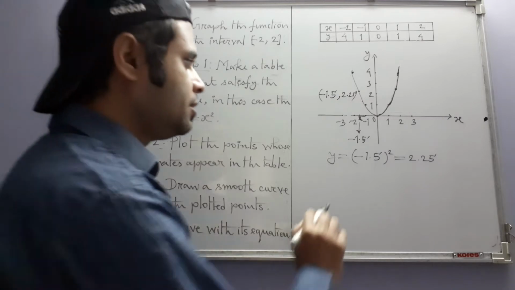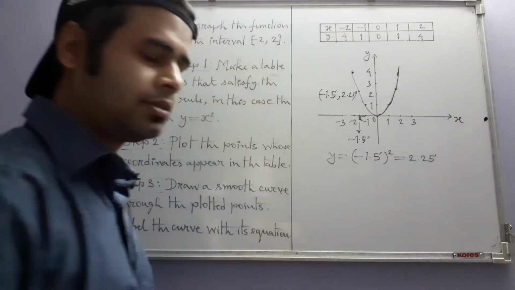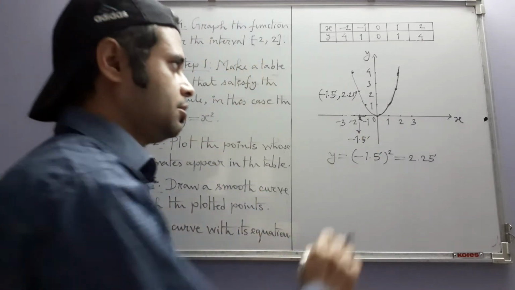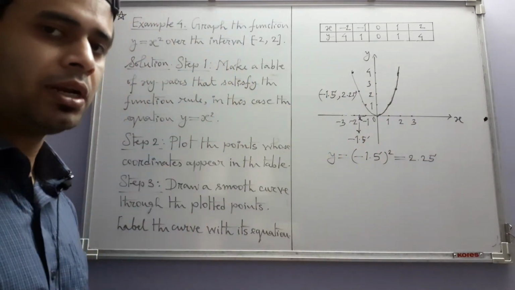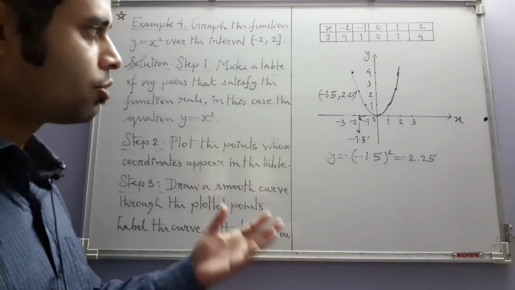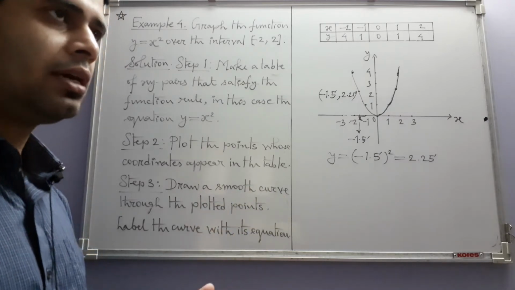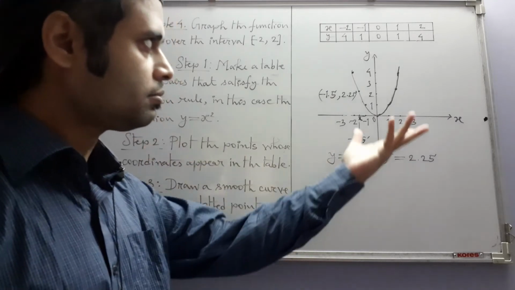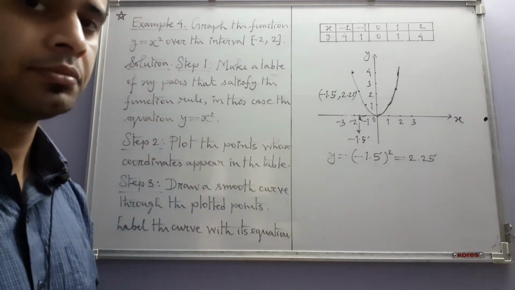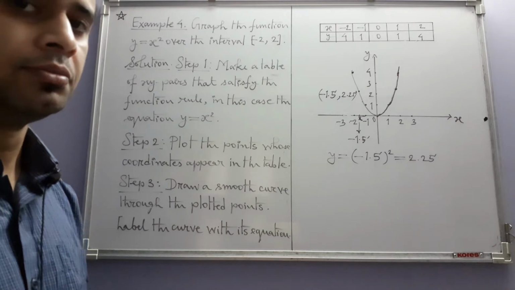Even if you continue to take more and more points, yes, your guess for the actual shape of the graph will become better and better the more points you take, but you can never really get the job done simply by plotting points. Then what to do?